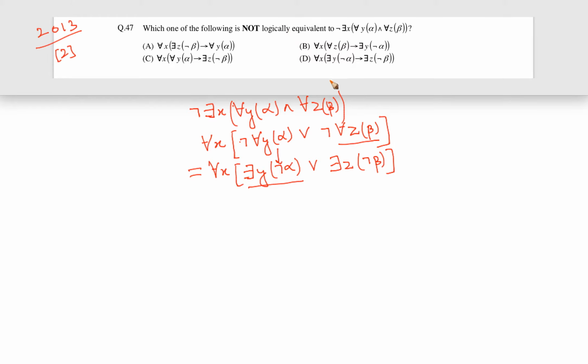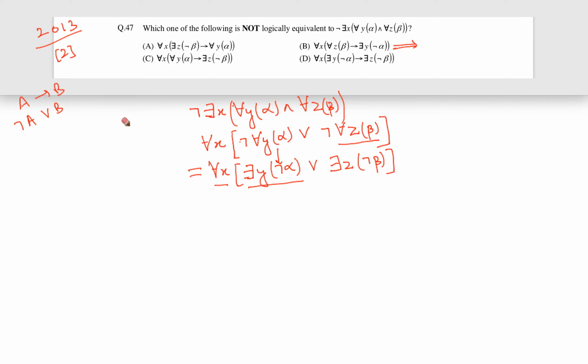Okay, so let's start with option B. In option B, they are saying that for all x, this thing is matching. Then there is an implication, right? So now I'm just writing the inside of that. We know that A implication B can be written as not A or B, right?